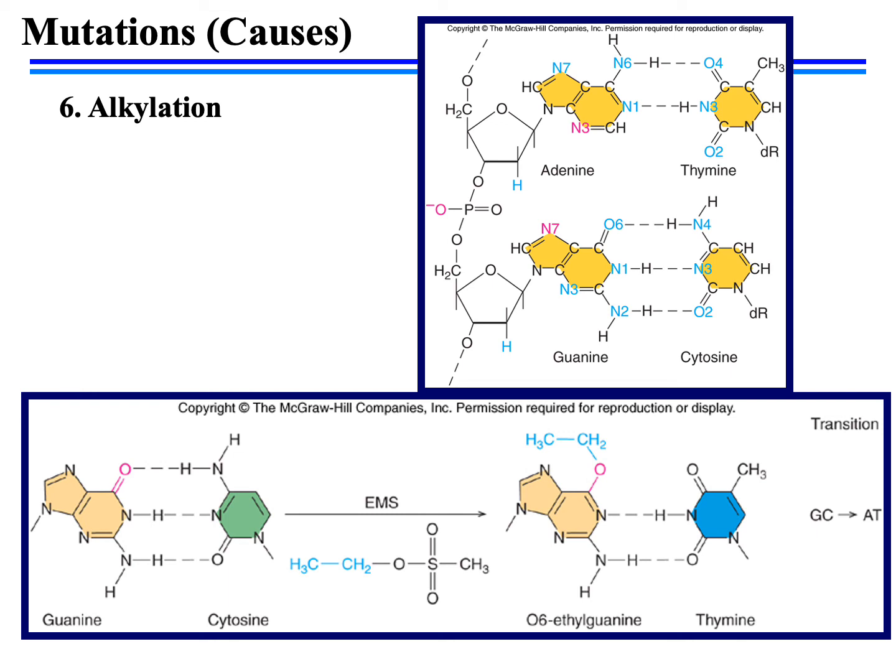In this case, it changes the molecular structure of guanine to become 6-ethyl guanine. When this happens, this causes mis-base pairing. Again, what it should be is a G. That G is changed structurally to become ethyl guanine, which now only base pairs with thymine.